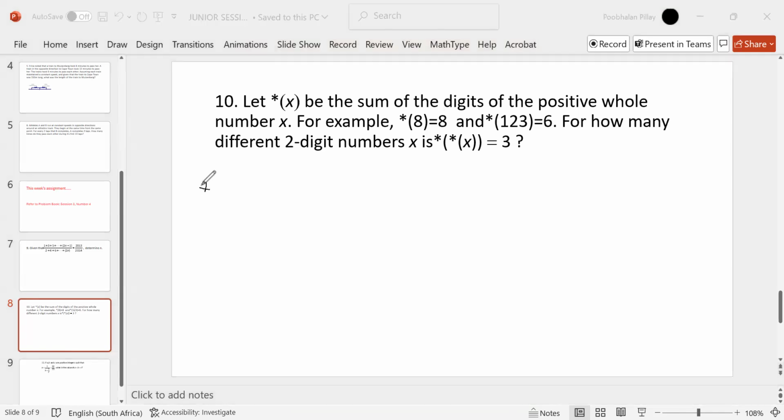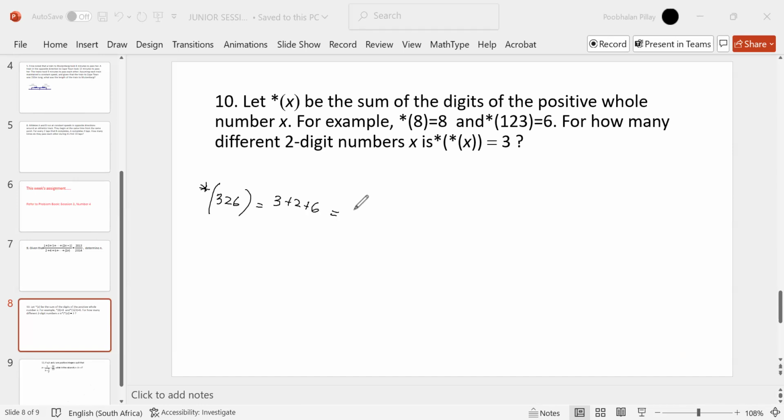So star bracket. Now let's put a positive whole number, say x is equal to 326. That's an example of a positive whole number. Now with close brackets, we read this as star of. And this is equal to the sum of the digits. The 3 digits here is 3 plus 2 plus 6.